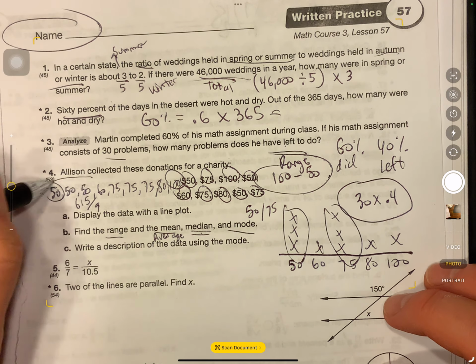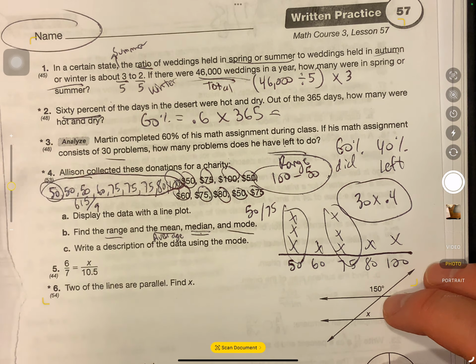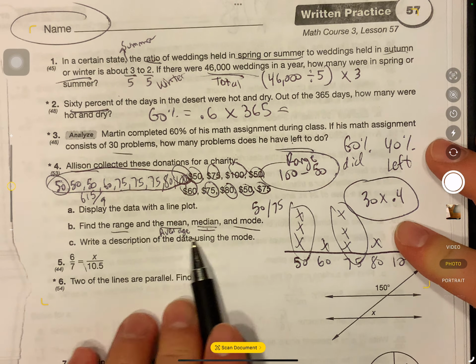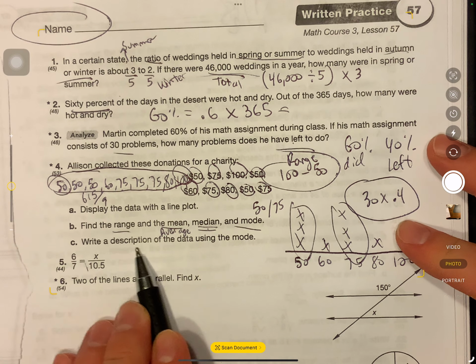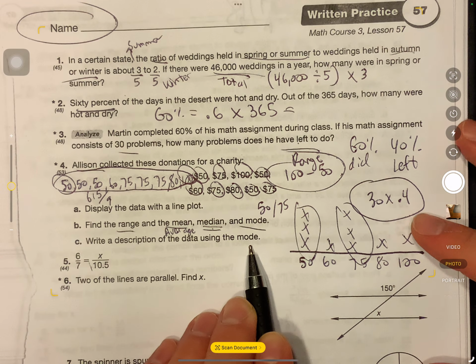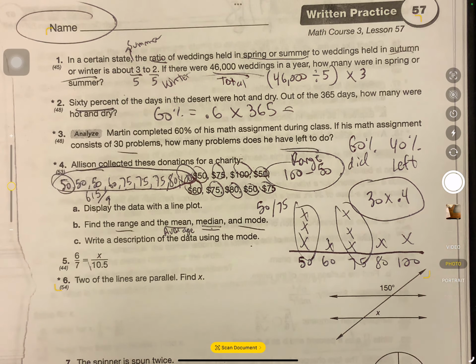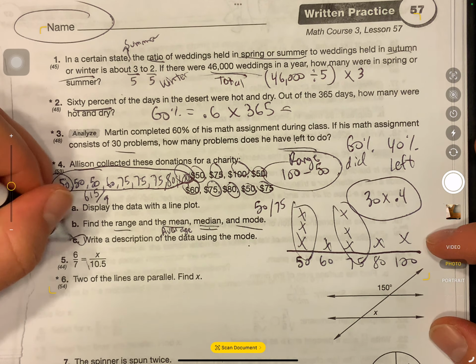If you just add those up and make sure it's whatever number you get, that's a top number. Okay. I'm probably off. Okay. Write a description of the data using mode. Well, the most common donations were $50 and $75, so don't worry about this one.